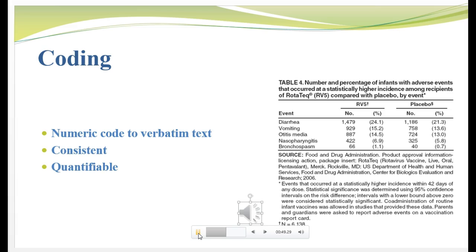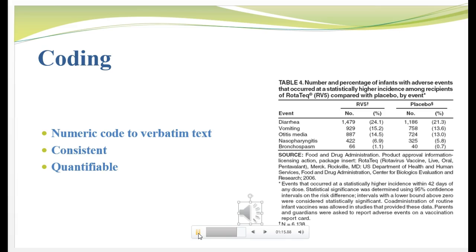And I've got an example over here of a table that is showing the incidence of adverse events. So you can see that they are looking at the number of patients who reported diarrhea, the number that reported vomiting, the number that reported otitis media or ear infections, and these are actually numbers. But you have to remember that when this data was recorded in the case report form, it might have said severe diarrhea, it might have said runny stool.